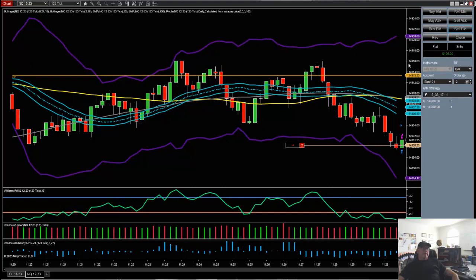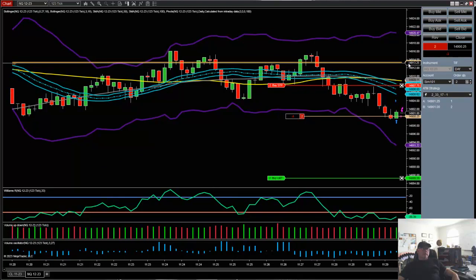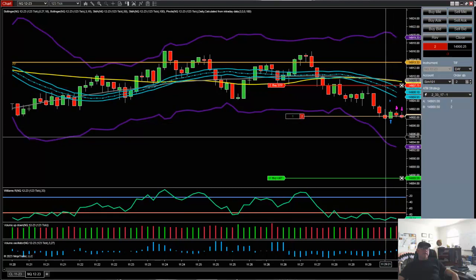Sell bid. Order filled. Should set up a 30-60. That's what this is set at. 30 tick stop loss with a 60 tick profit target.